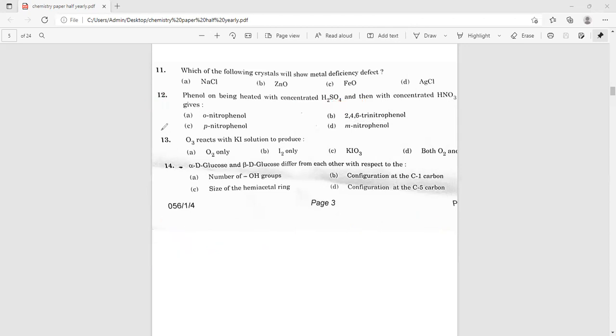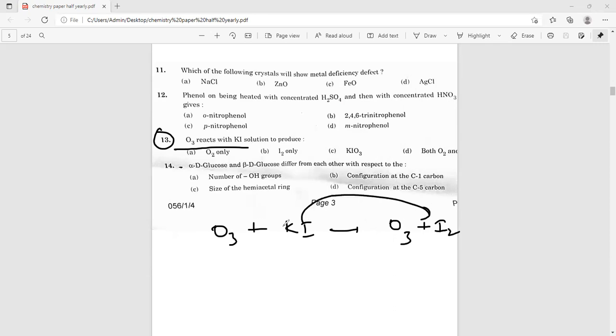Question number 13 is oxygen O3, ozone, reacts with iodine, right? Then it forms O2 plus I2, iodine. In case of KI, the minus charge is there and it goes to 0.